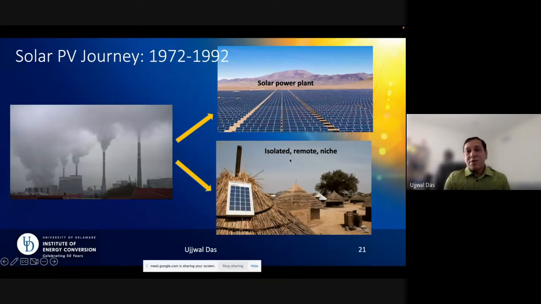One, the bottom one is showing an isolated remote niche application of solar panel, where you can see if there is a remote place where you don't have any electricity grid line available, you can power those homes using these small solar panels. This is mostly attractive for the developing world at that time, but in the developed countries, they already started building this big solar plant and started using it as a grid connected electricity source.